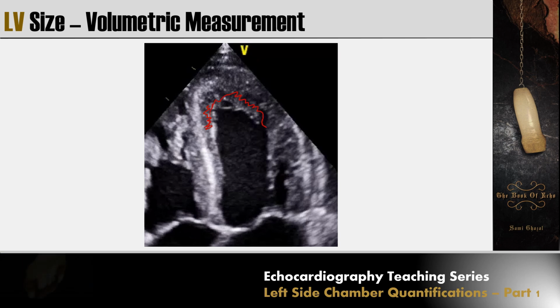We should exclude those trabeculations and just measure the compacted area. So a correct measurement should be as follows. Start the measurement something like this. This is how you trace.